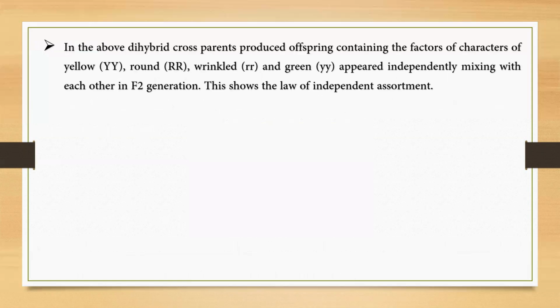In the above dihybrid cross, the parents produce offspring containing the factors for the characters yellow, round, wrinkled, and green, which appear independently of each other in the F2 generation.